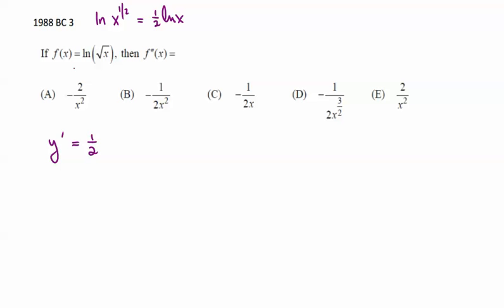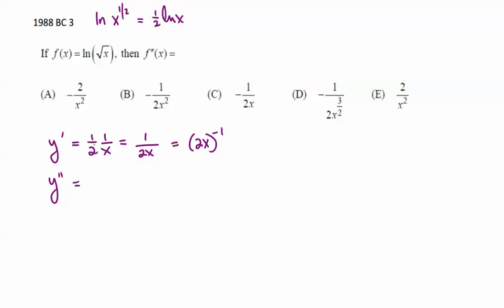The derivative of ln of x is 1 over x. So that gives us 1 over 2x, which, if we want, we can write as 2x to the negative 1. That'll make it a little bit easier for us to find the second derivative.